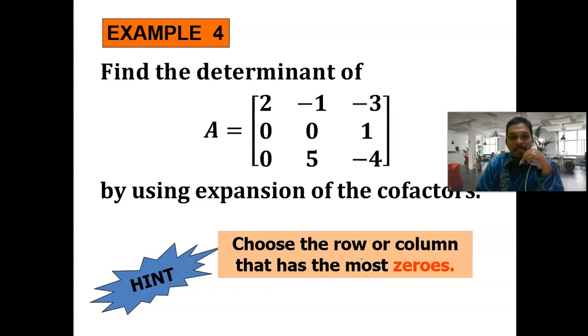So class, in this example, we like to suggest to you, if given to you a matrix of A 3 times 3 with an element of entries or element of 0, 0, 0 here, we do strongly suggest to you to choose the row or column that has the most zero, because when we have the minor, whatever the value of minor it is, multiplied with the entries of 0, element of 0, everything will equal to 0 straightly. Okay, so let's take a look at this.